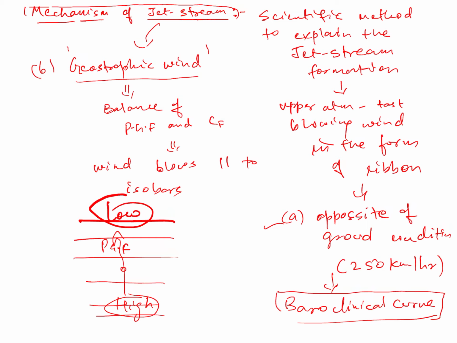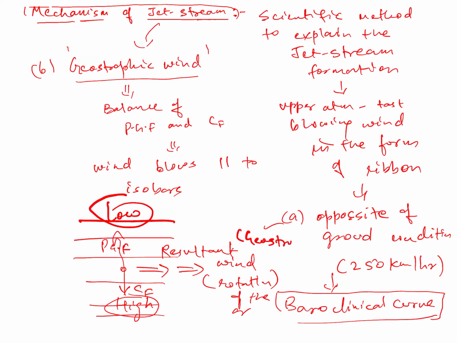When this becomes equal and opposite to the Coriolis force, the resultant wind starts moving. This resultant wind direction is caused by the rotation of the earth, and it becomes parallel to the high pressure and low pressure cells. Such winds are called geostrophic winds.